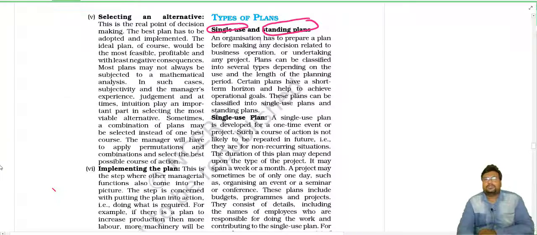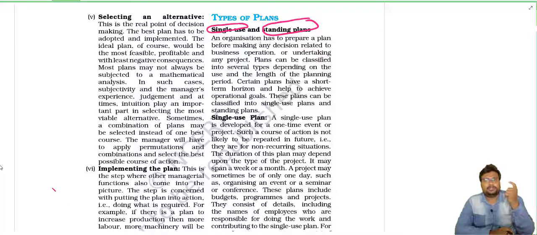For example, suppose a school function is there. Whatever plan is made for that particular school function is considered a single use plan, because that plan will be implemented for a particular event only.